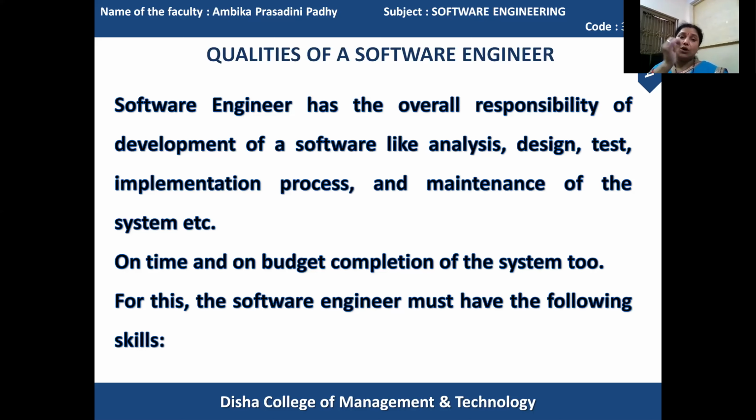Without the knowledge of how to tackle all these things, without the knowledge of proper software engineering techniques, the software engineer or developer cannot do his role properly. So for that, he has to learn different skills, which should be present in a software engineer.